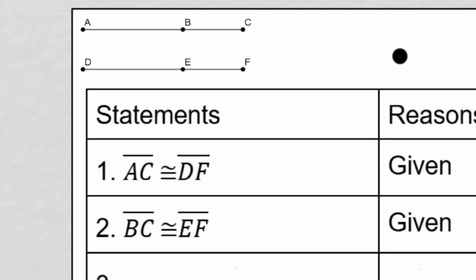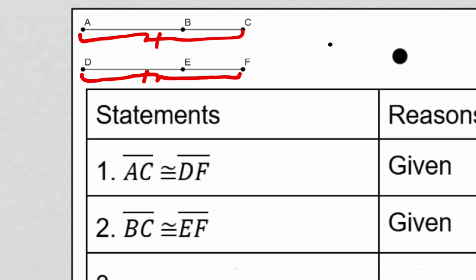Now this picture is pretty much the same picture as we had in the first example. But this question is a little bit different because in this one, notice the given information is that AC, which is the entire line segment, is congruent to DF. So it's a little confusing because of the way that this line segment's composed of the other two.